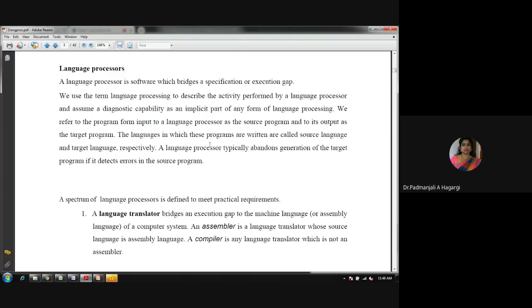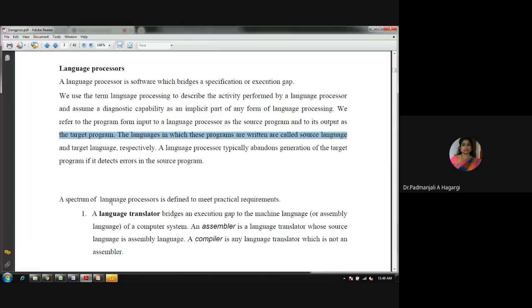So we use the term language processing to describe the activity performed by the language processor, and we refer to the program given as input to the language processor as the source program, and it gives us the target program.